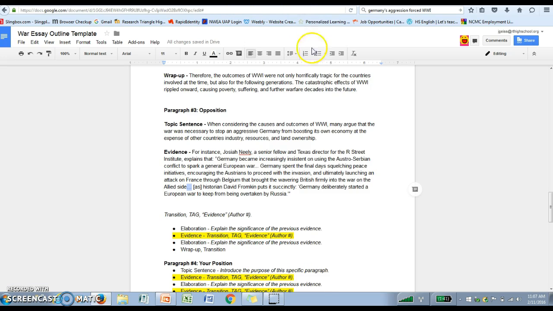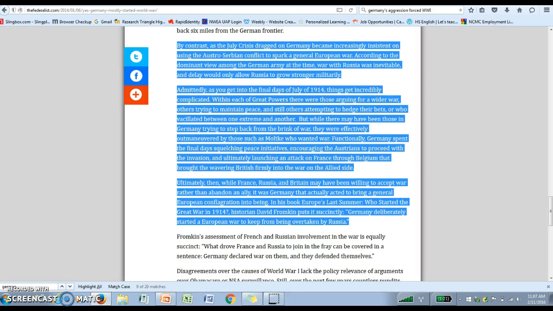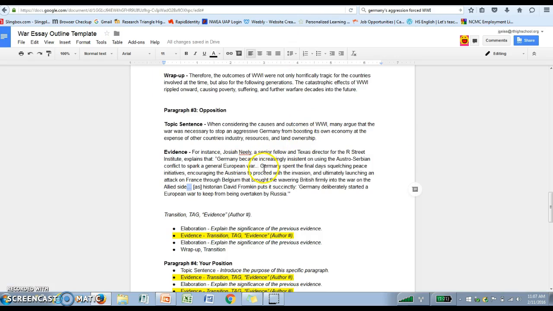But I didn't want all of that in my essay. That's far, far too long. So what I did was I took the lines that I most needed and I added ellipses to show that there are parts that I took out. So if you need a huge chunk of text, do not copy and paste the entire chunk of text. Read the piece of text and actually pick out what you specifically need in order to prove your point.